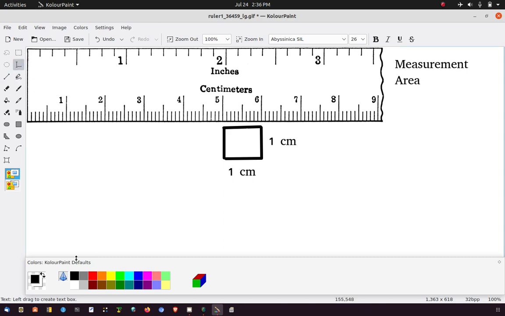Now, you might have a case where you want another square centimeter. Let me erase these first.